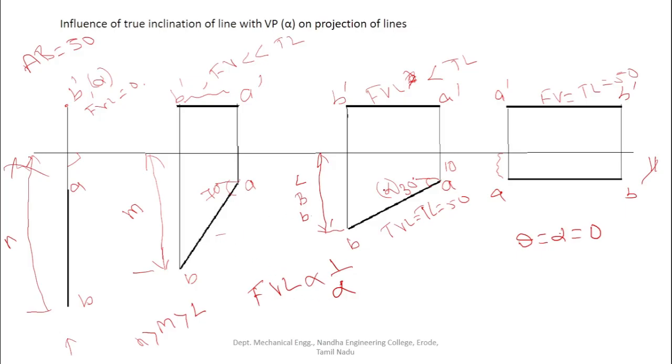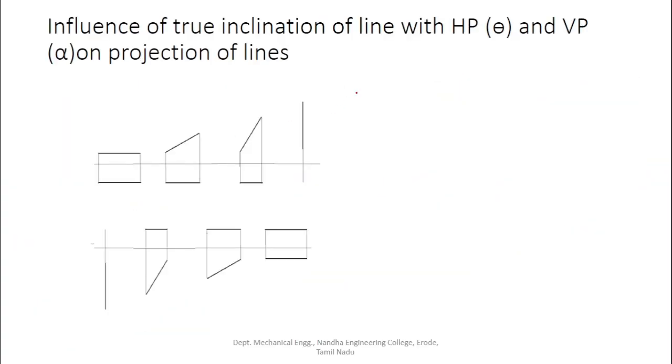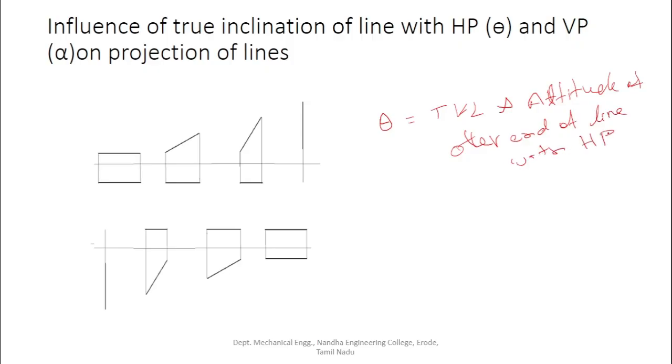So the final conclusion is, when the true inclination theta with the HP is influencing the top view length and the altitude of the other end of the line with the HP.